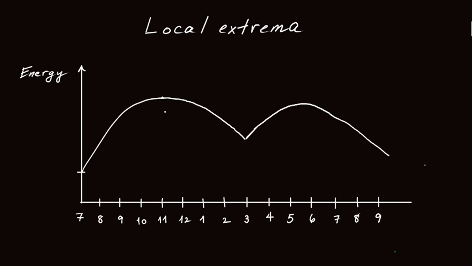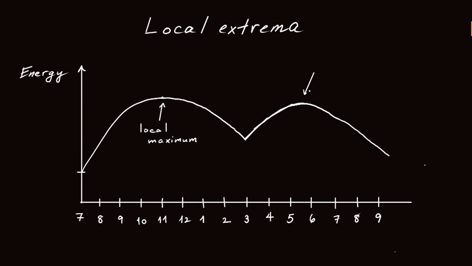This would be an example of a local extremum. This would be in particular a local maximum in your energy level. And then as the day moves on, you have a siesta in the afternoon, you get a little tired, and then at about 3, you get your daily espresso, and you get jump started. Your energy level picks up with the help of a little caffeine, and maybe it starts to peak out at, say, 5:30.